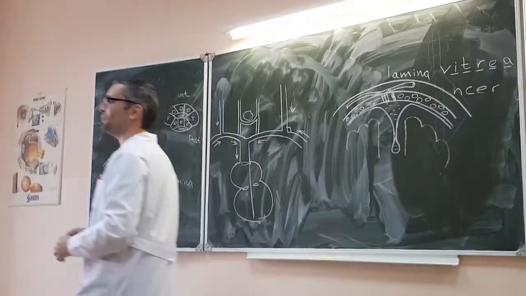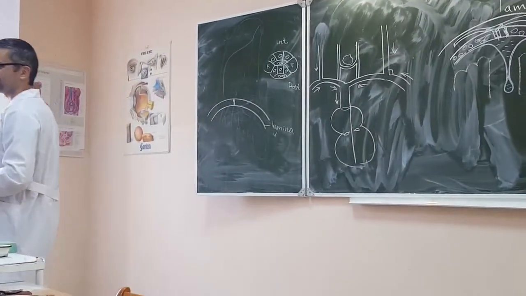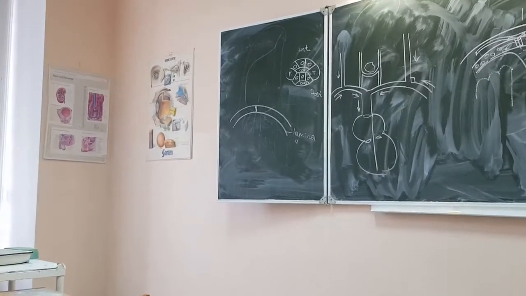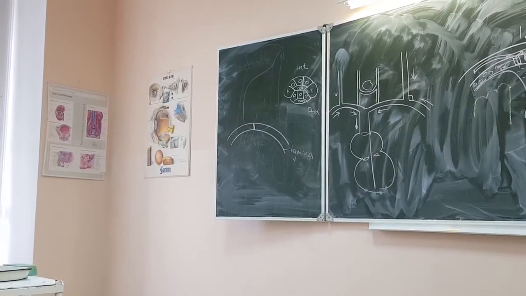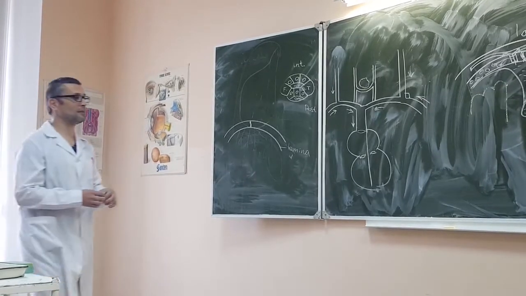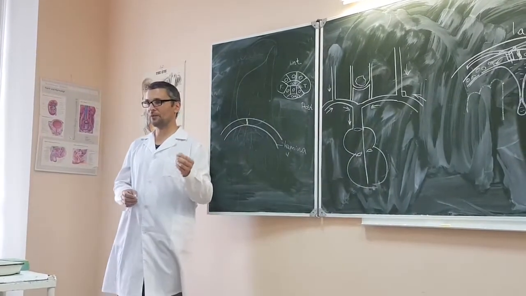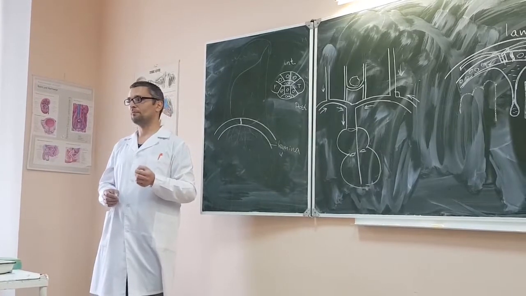Lamina vitrea. What is the meaning of vitrea? It means glass. Vitrea means glass. That's why this lamina is very thin, and very easy to damage.